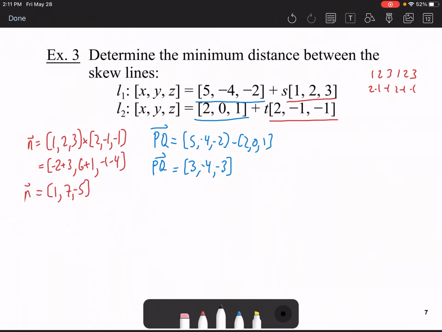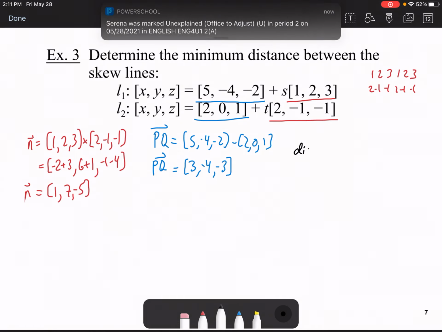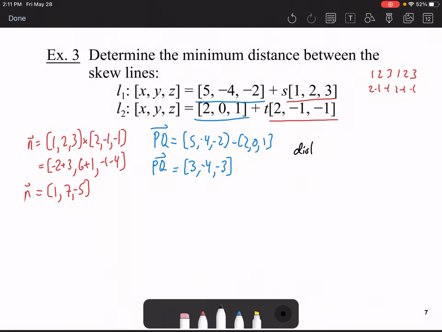So now to figure out the minimum distance, I take PQ, dot it with n, put that over the magnitude of n, and solve.